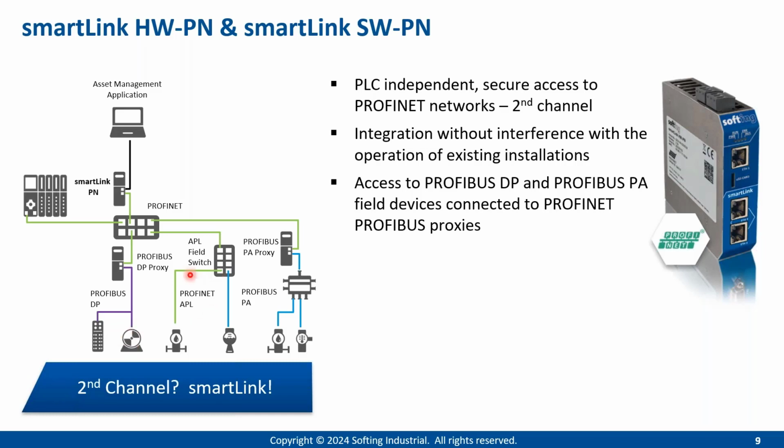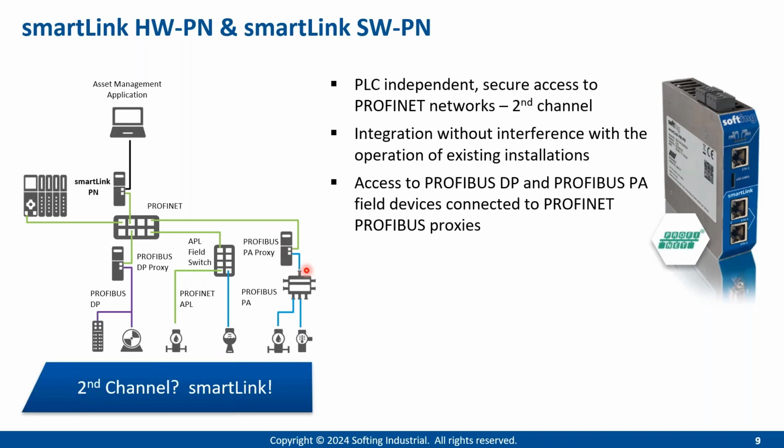If you look here at that Ethernet APL switch, a lot of them also support, for backward compatibility, attaching Profibus PA devices. So you can attach your Profibus PA device and have the asset management application accessing these Profibus PA devices.